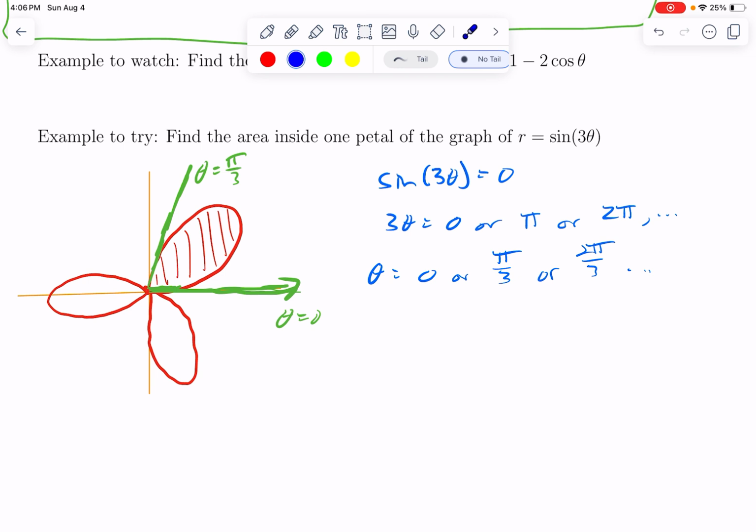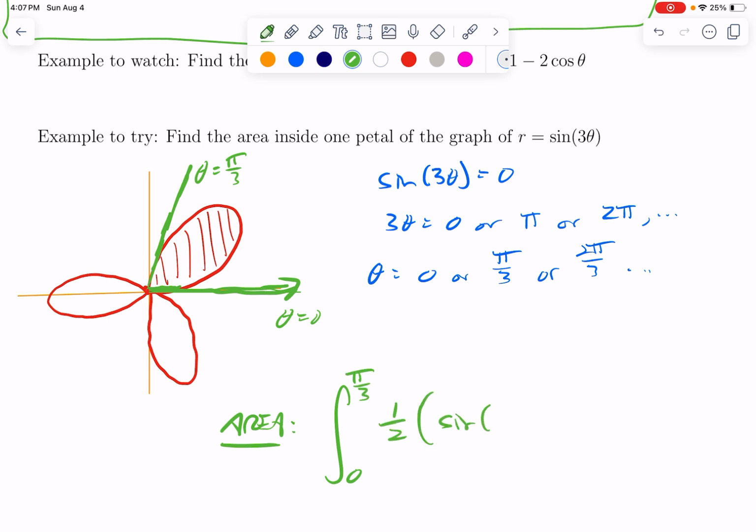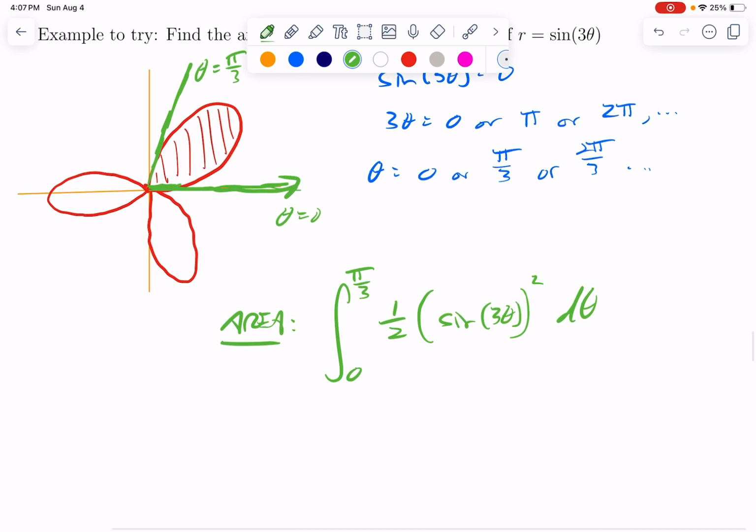But we have figured out where this particular petal begins and ends. So our area is the integral from the angle at which we begin to the angle at which we end of 1/2 of r squared. And again, this is theoretically doable if you know enough tricks, but let's just put this in the calculator.